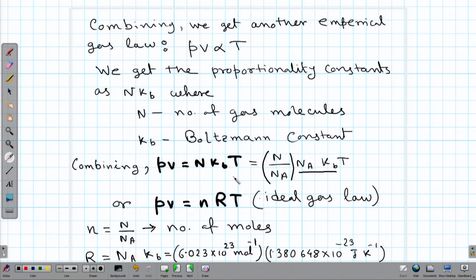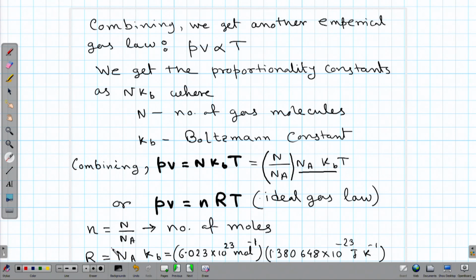I also sometimes get confused between these two forms. Please remember, when it is kB, it is the number of molecules, so it has become a molecular level law, and when it is R, we have the number of moles. For 1 mole of gas, it will simply be PV equal to RT.